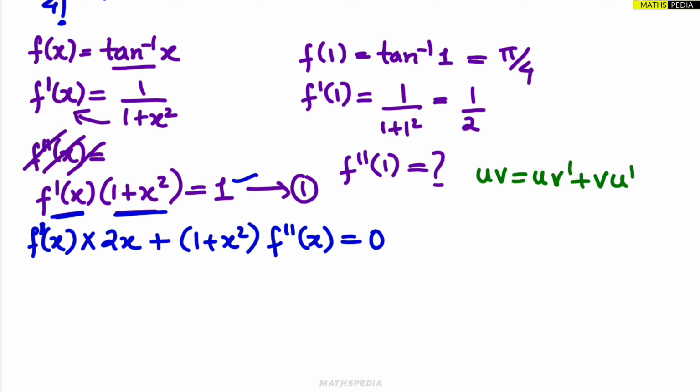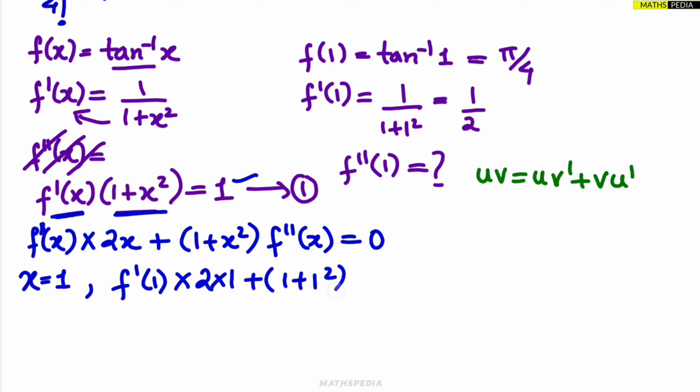Now if we observe, we needed f double dash of 1. Here f double dash of x is sitting, right? So in place of x, if I substitute 1, I'll be getting the answer. So I'll substitute x equal to 1. It will be f dash of 1 into 2 into 1, plus 1 plus 1 square into f double dash of 1 equal to 0.